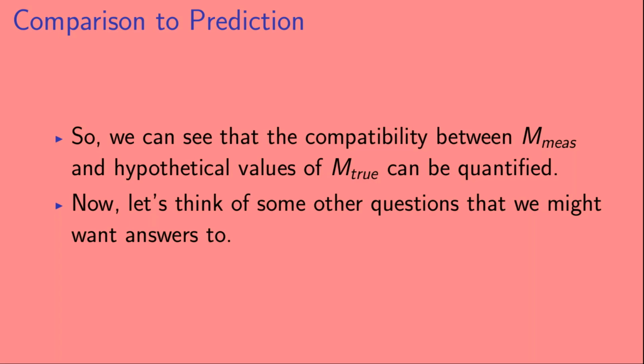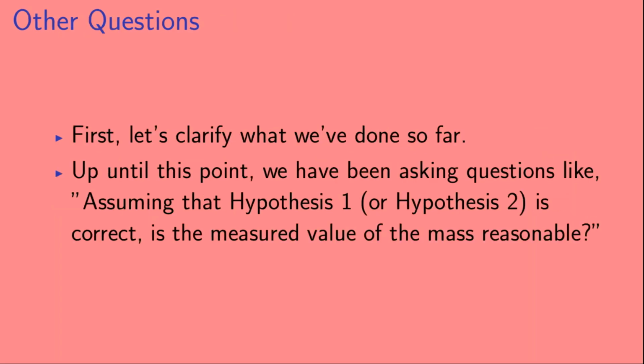Now let's think of some other questions that we might want answers to. First, let's clarify what we've done so far. Up until this point, we have been asking questions like, assuming that hypothesis 1, or hypothesis 2, is correct, is the measured value of the mass reasonable?